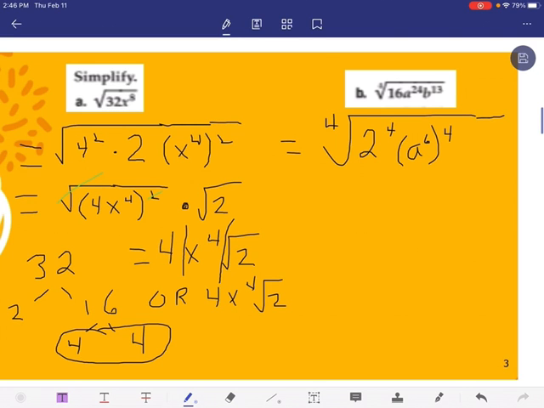Well, notice that we could break off a b to the 12th, and that's going to be helpful because 4 does go into 12. Well, notice that if we do break it off, that does mean that we're going to have something left over, which in this case is going to be just 1b, and that's okay.